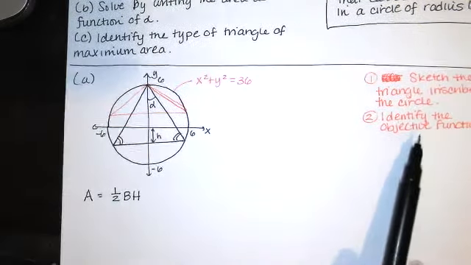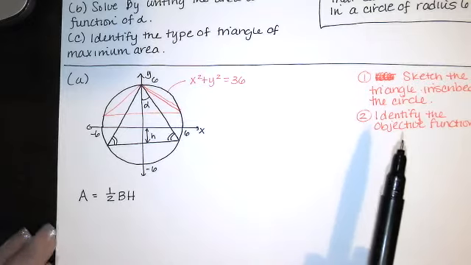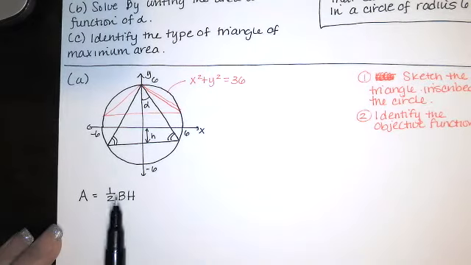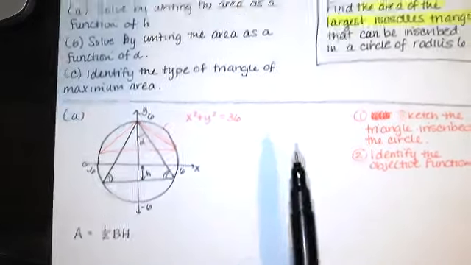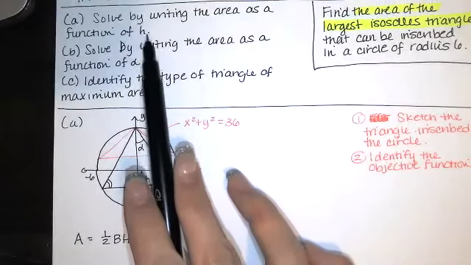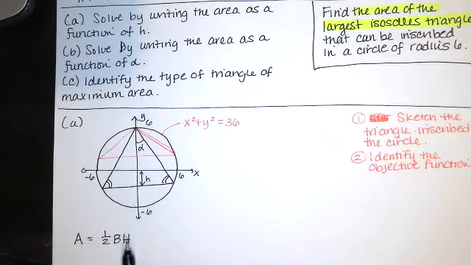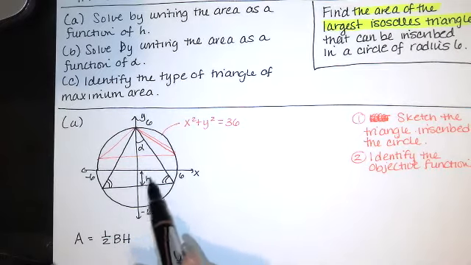We've identified the function that we need to maximize, but we're in calculus 1. So this needs to be a function of a single variable only. And the problem statement actually asks us to write it in terms of this variable, not either the base of the triangle or the height of the triangle. So we need to write the base and height of the triangle in terms of this little h right here.